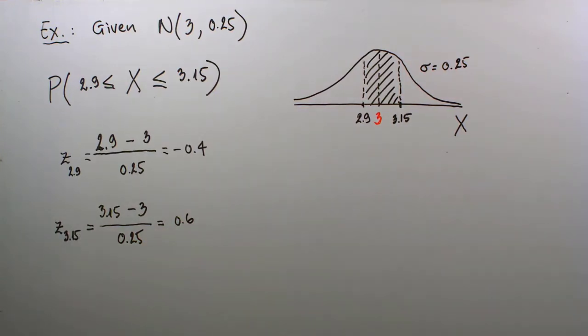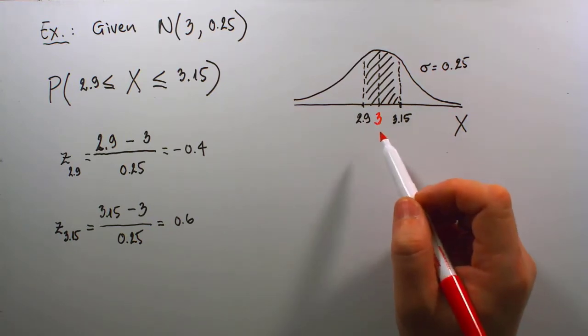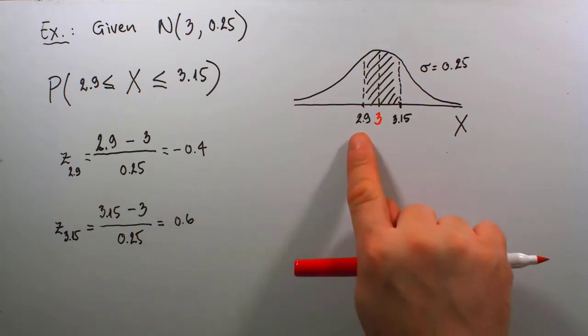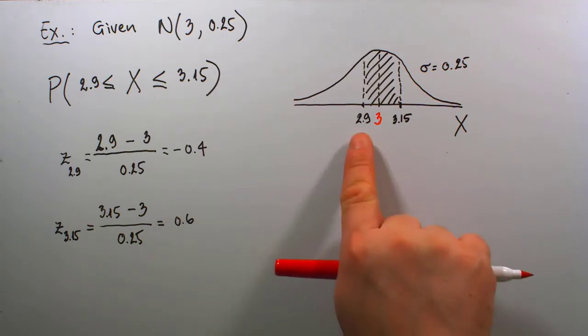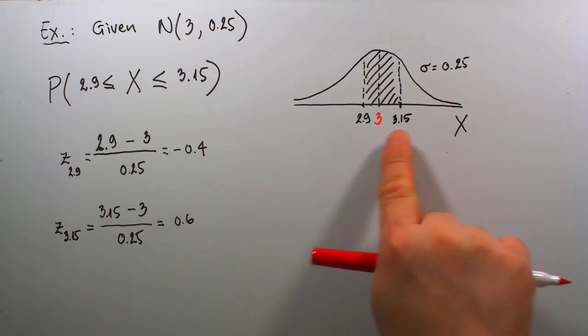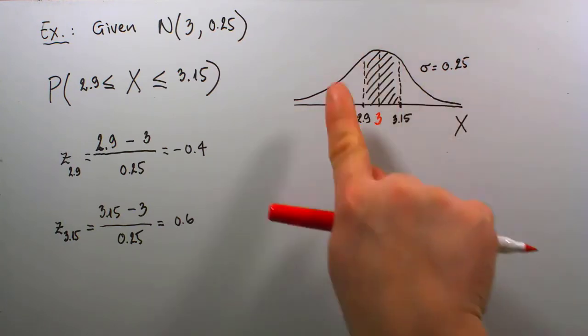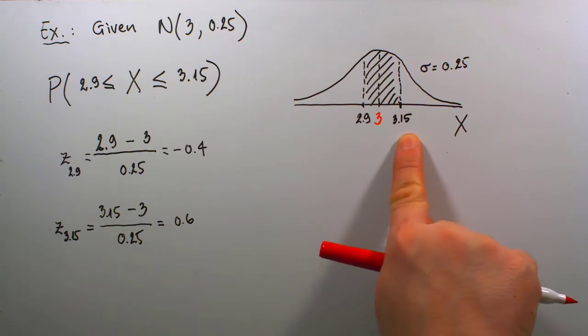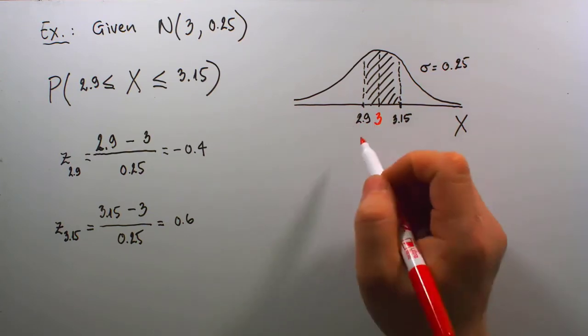It's not exactly required, but it's always a good idea to write down the corresponding z-score right underneath on the bell curve picture. I'm going to write down the corresponding z-score for each of these values right underneath them.